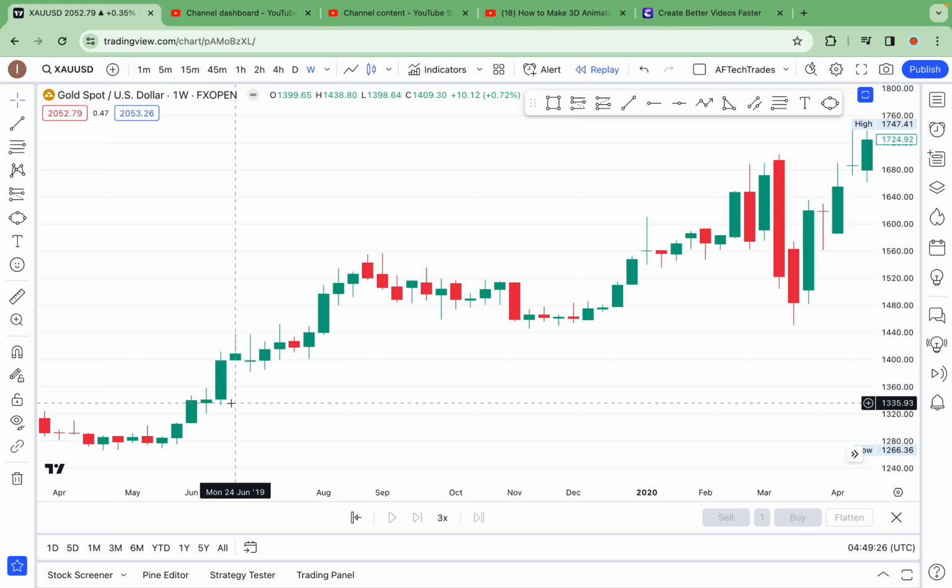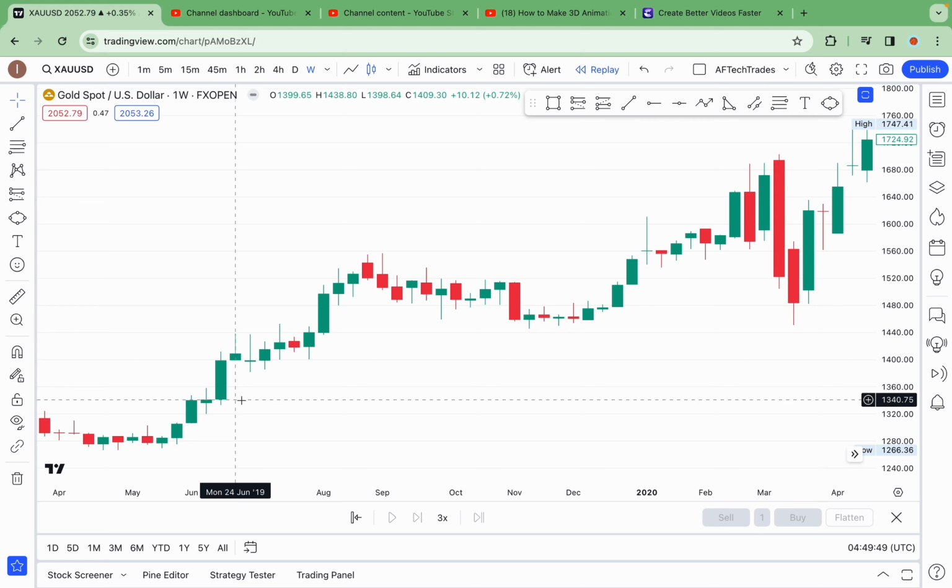So it shows here that the price of this asset went as low as 1334 and as high as 1410. The beginning of the body here is the opening price, 1340.